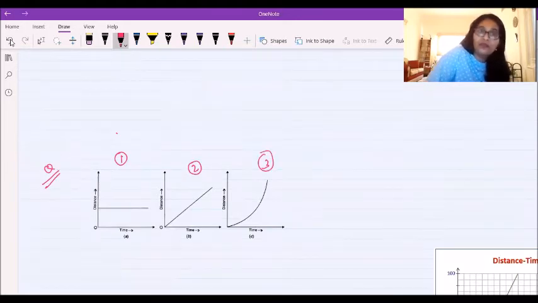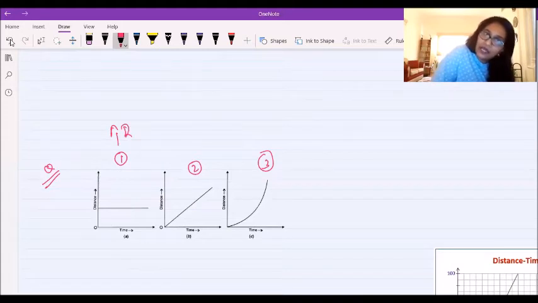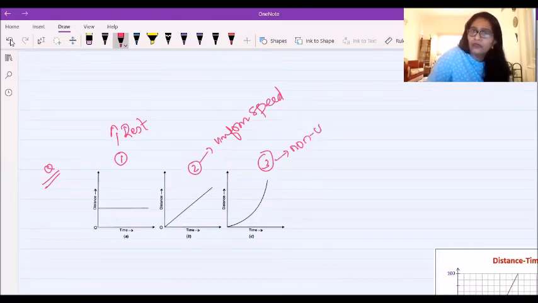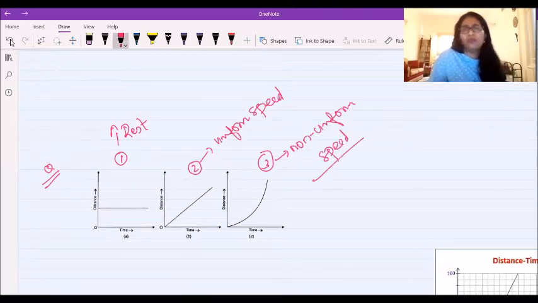First one is what? The object is at rest. Second one, uniform speed. Then non-uniform speed.